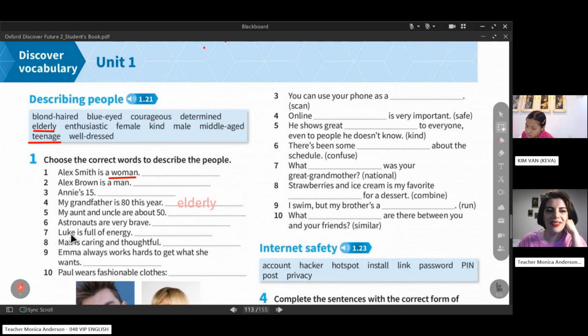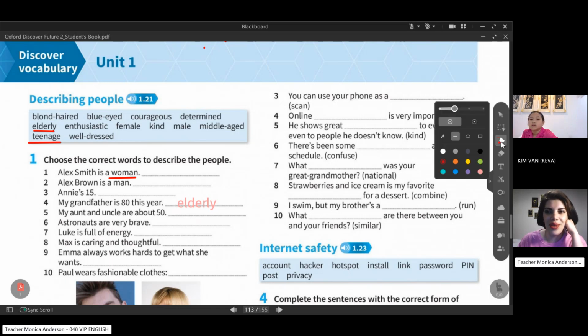What happened? Okay. Astronauts are brave. Brave. Do you remember? The word that means brave is?